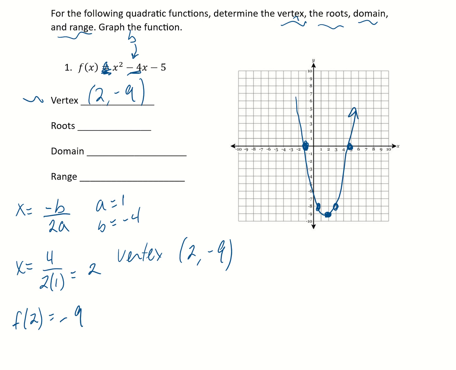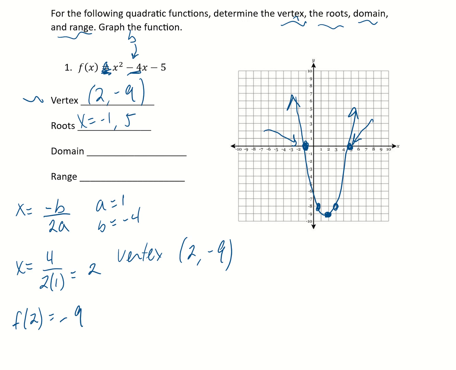So we get a nice graph there. Now remember, the roots are where the graph crosses the x-axis. Okay, so the roots are at x equals negative 1 and x equals 5.